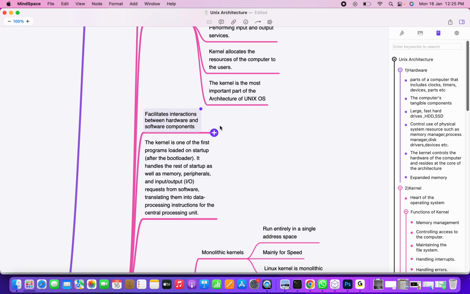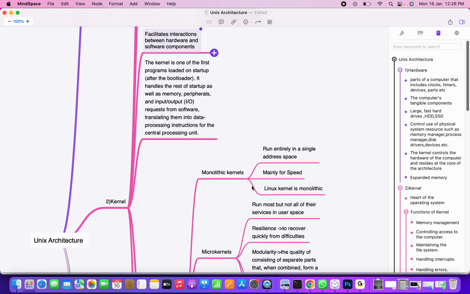Whenever the server or OS starts, this is the first program which will load into memory. It handles a lot of things like startup, memory management, peripheral devices, input output requests, and translating the data into processing instructions for the CPU. All these functions are handled by the kernel itself.